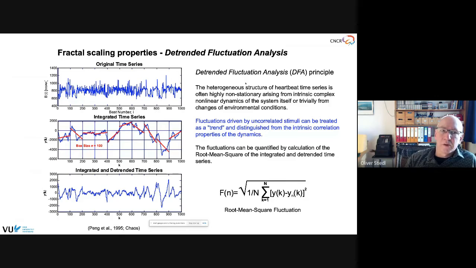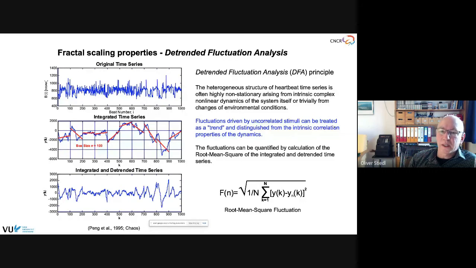Now, there is an analysis form called detrended fluctuation analysis, where I don't want to bug you with all the mathematical details. What you can measure is a so-called detrending analysis, where you look at the fluctuations driven by stimuli, and you can detrend this. This is the formula, published in Chaos in 1995.